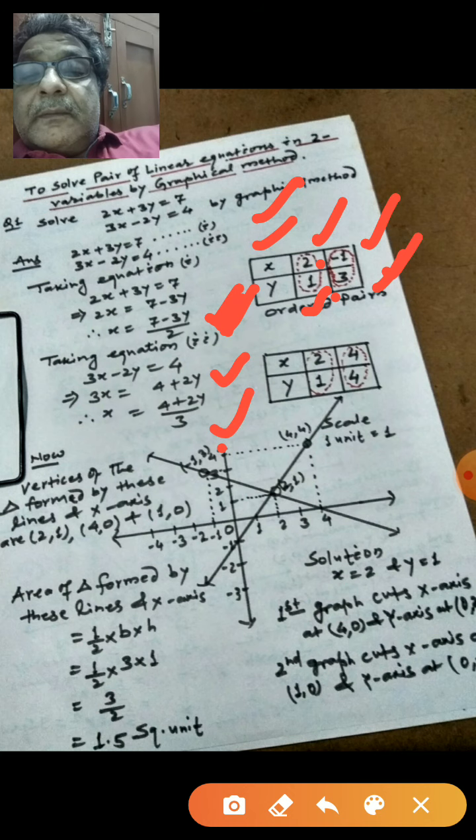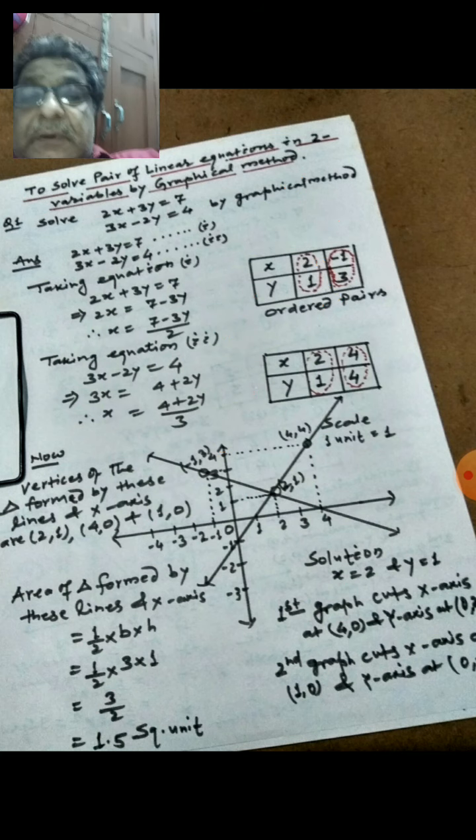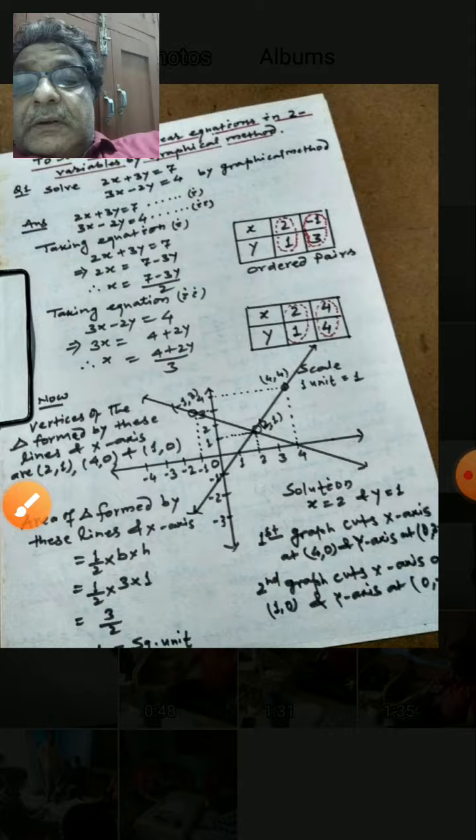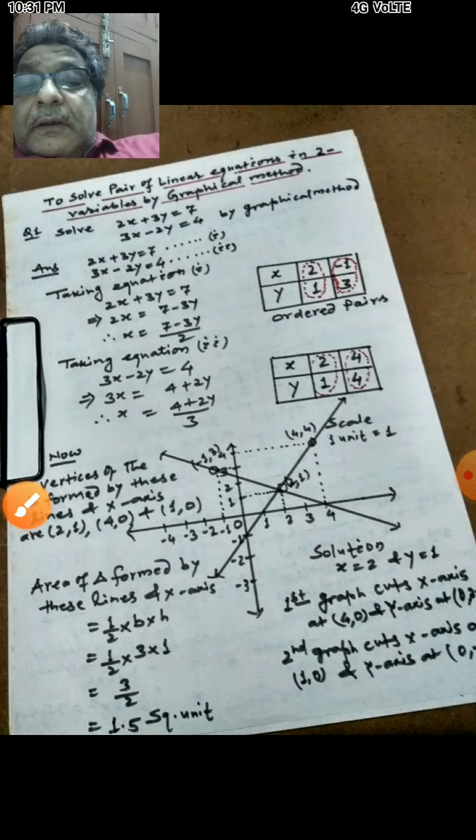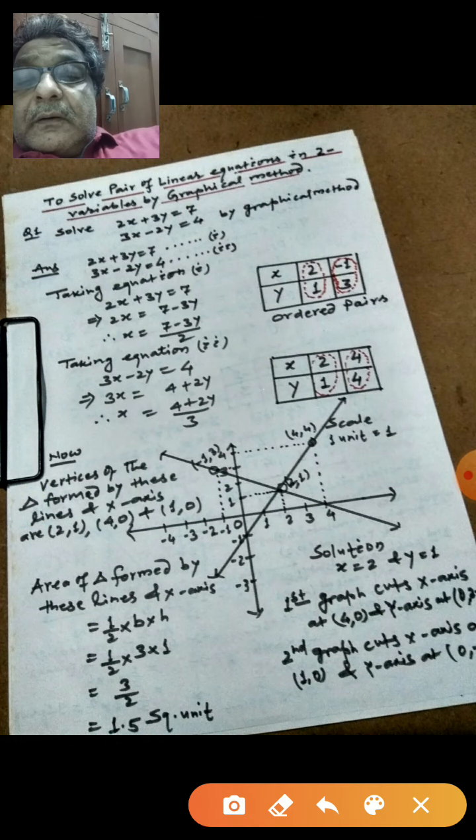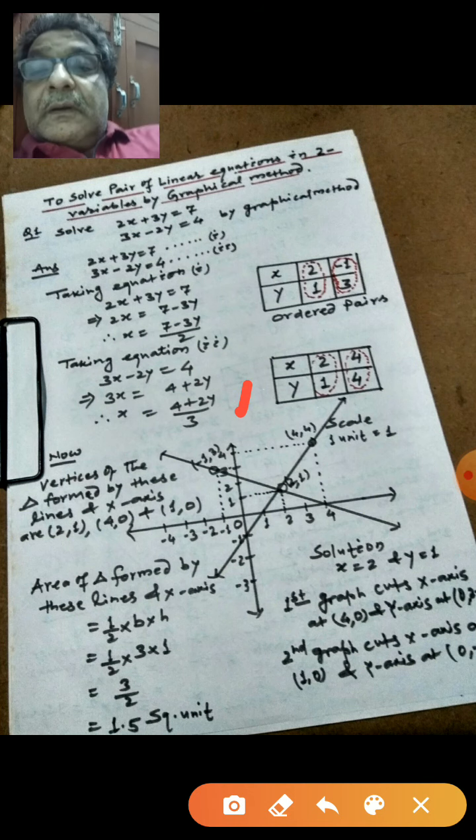Now, as we have done above, we will put any value of y, such a value which will give the value of x as an integer or whole number, not a fraction.